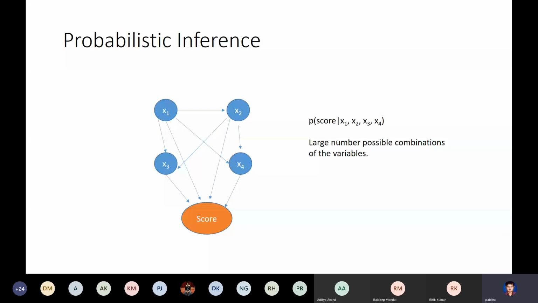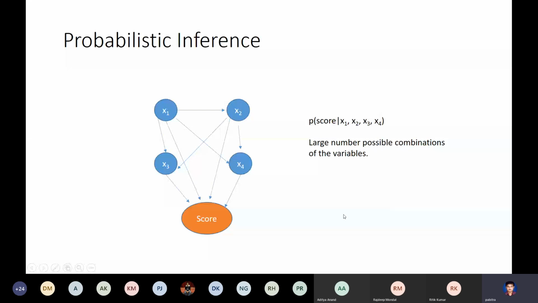Based on x1, x2, x3, x4, we want to screen them and predict their score, and only those with a high score will come and actually give the trial. So we are interested in the probability of score given x1, x2, x3, x4. So x1 determines score, x2 determines score, all of these determine the score.